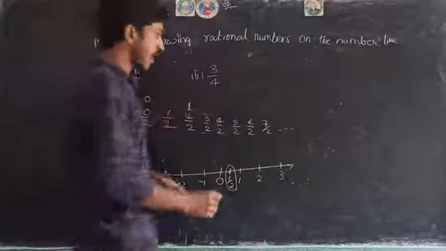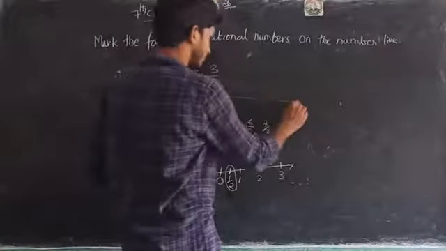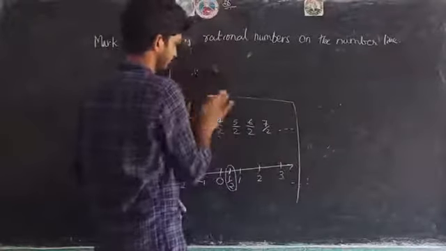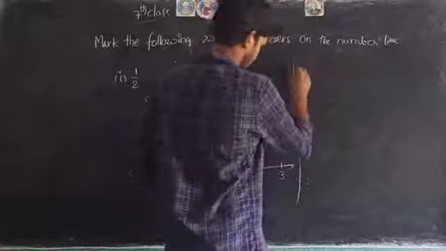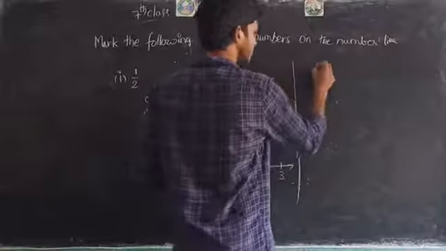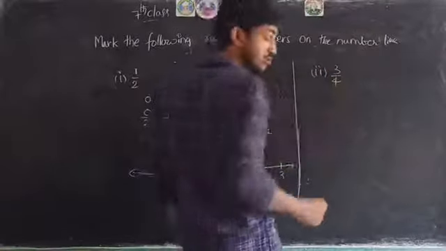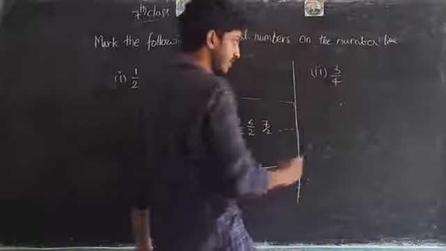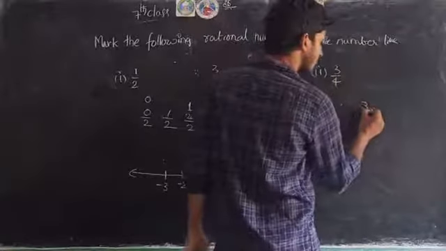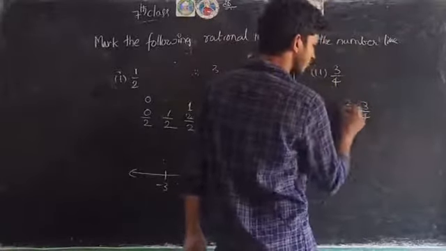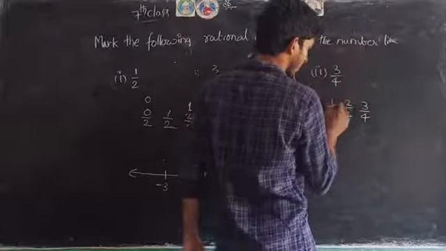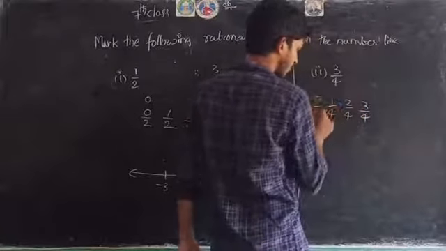Like that we have to represent the number on the number line. Here we have 3 by 4. Second one is 3 by 4. So write the before and after numbers for 3 by 4: 2 by 4, 1 by 4 and 0 by 4.